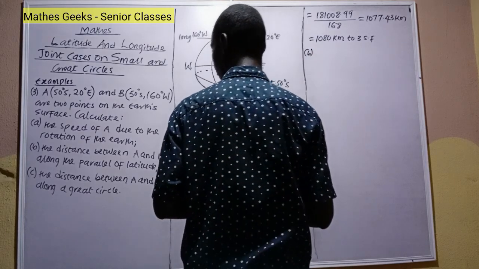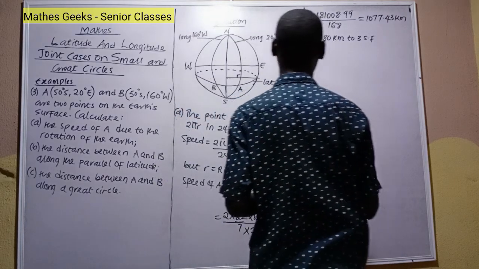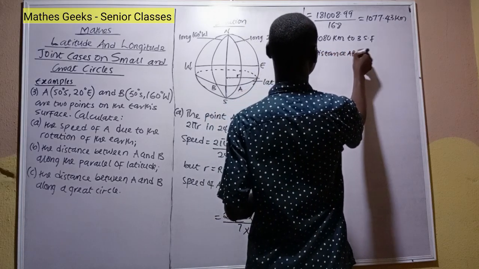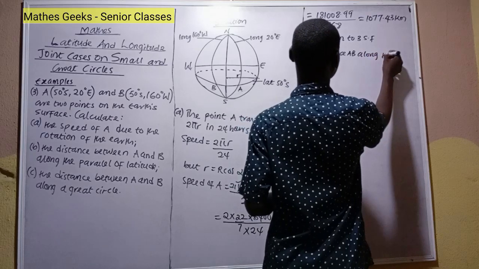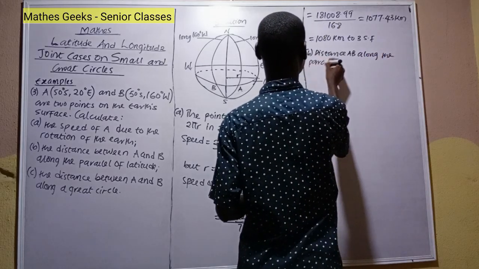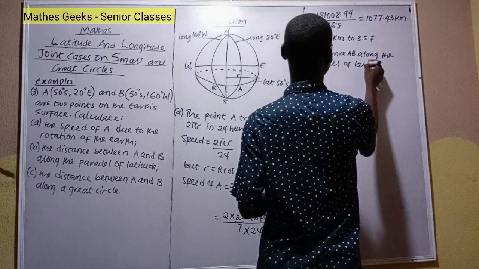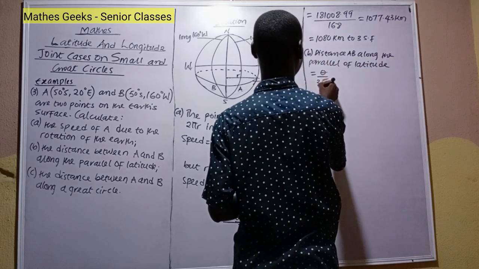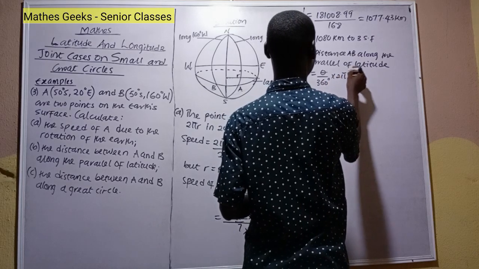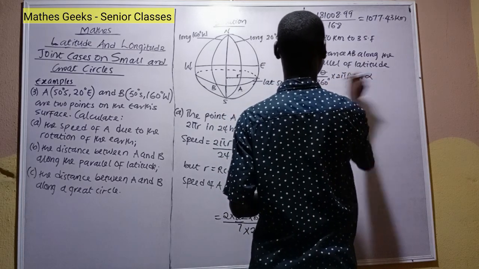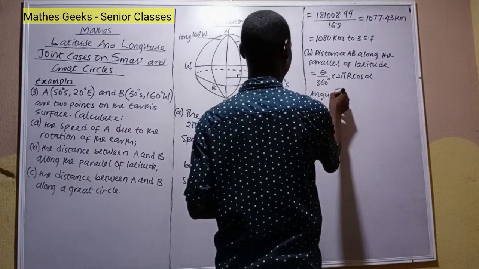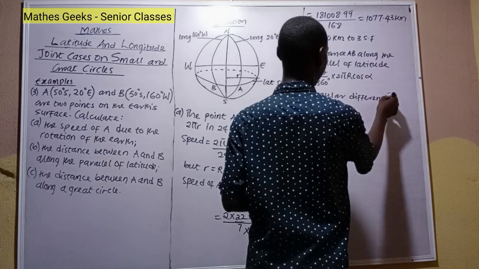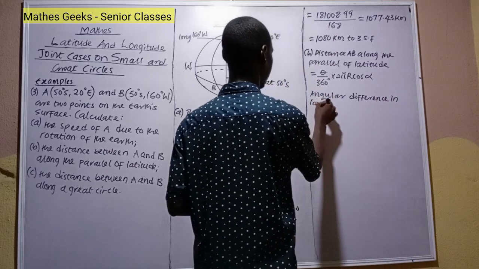This is the distance between A and B along the parallel of latitude. So distance AB along the parallel of latitude is equal to theta over 360 degrees times 2 pi r cos alpha, where theta is the angular difference in longitude.